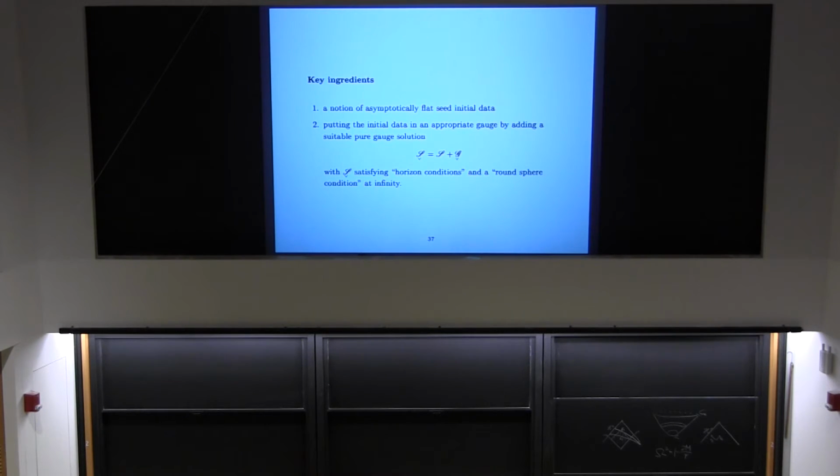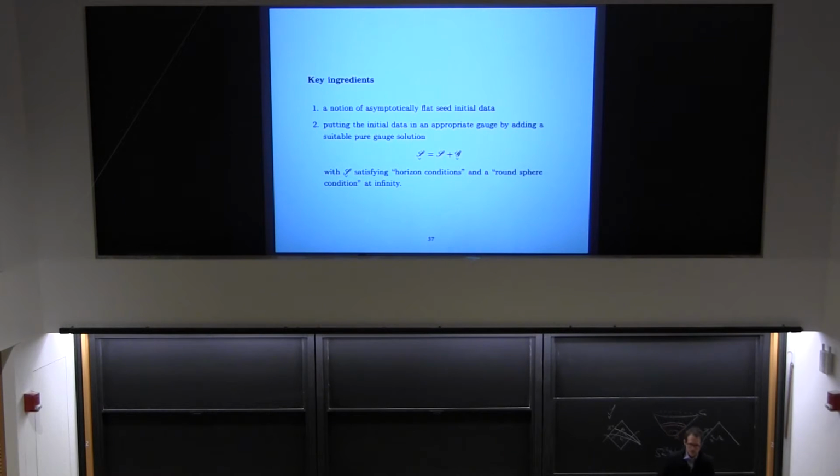So in particular, by adding these pure gauge solutions, I can achieve that for my solution S-hat, certain geometric quantities are 0 on the horizon sphere, for instance. Okay, and I can also ensure that, for instance, the sphere at infinity is a round sphere, so that the linearized Gaussian curvature is 0 on the sphere at infinity.